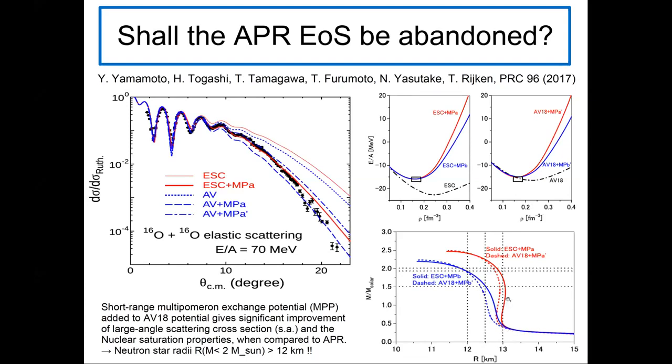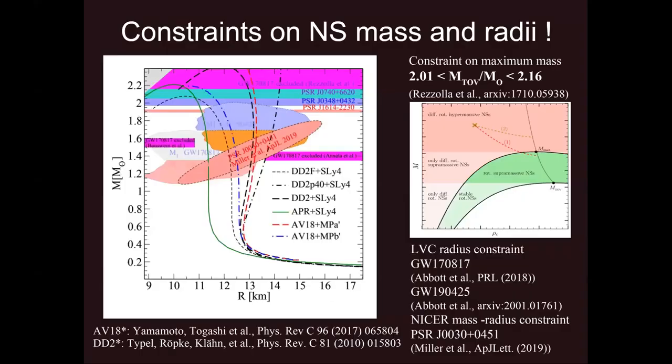Actually the best description would be this line, where we are close to a 13-kilometer radius, but let's be conservative and take a little bit softer correction here, this MPP potential, which still predicts radii of compact stars in excess of 12 kilometers, at variance with the APR equation of state, where we have seen that in most of the mass range of compact stars the radius is around 11 kilometers.